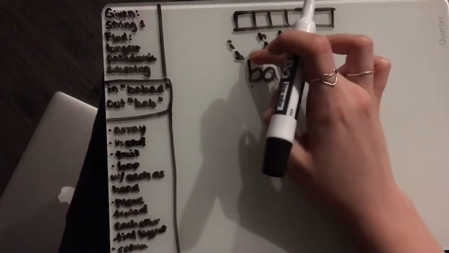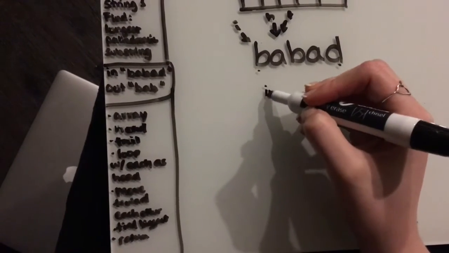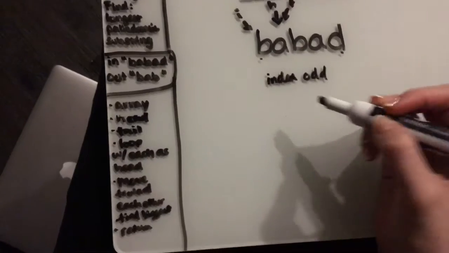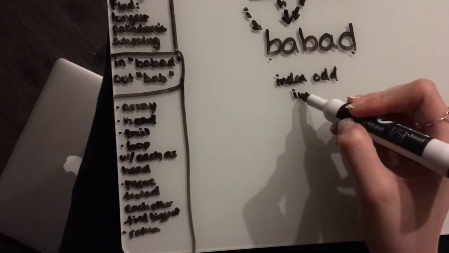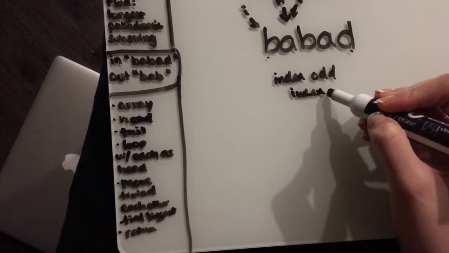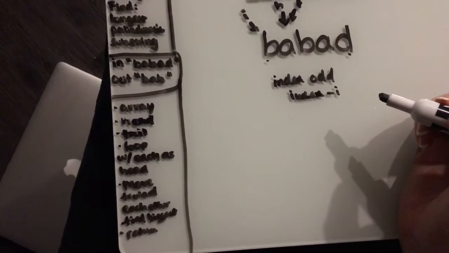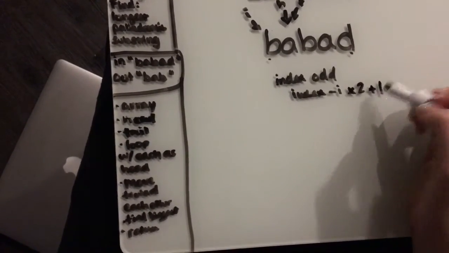Now we're going to check the index. If it's odd, then we're going to do index minus I times 2 plus 1.